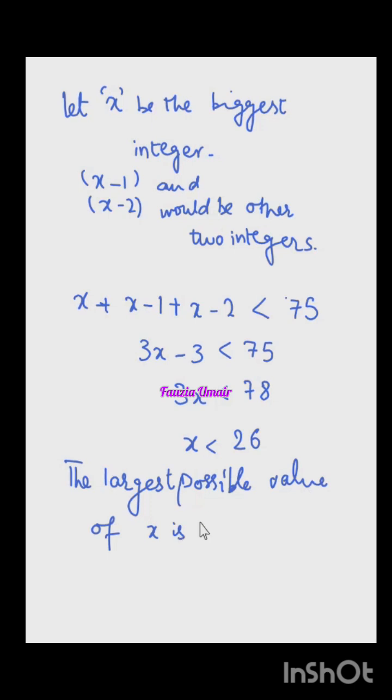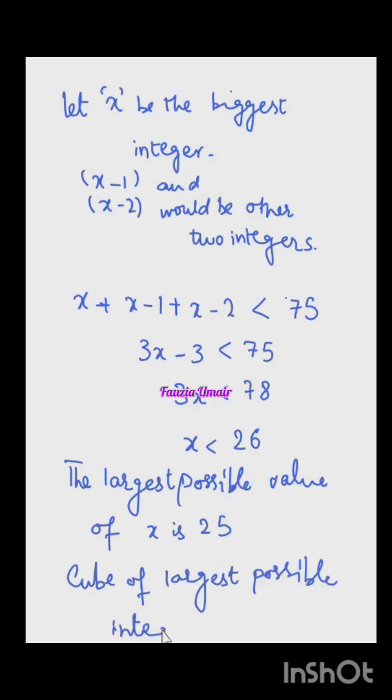And in the answer we don't need x, what did we need to find? The cube of the largest possible integer. So it is 25 cube. Okay, so you can write it down like this or you can calculate 25 cube also. Is it clear? Yes, miss.